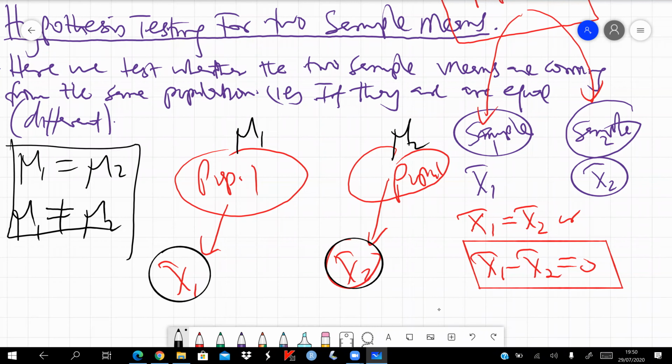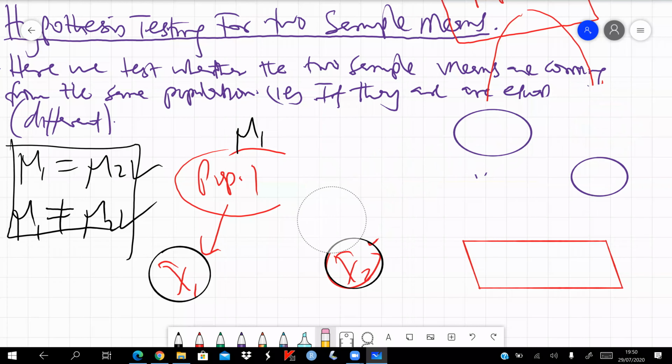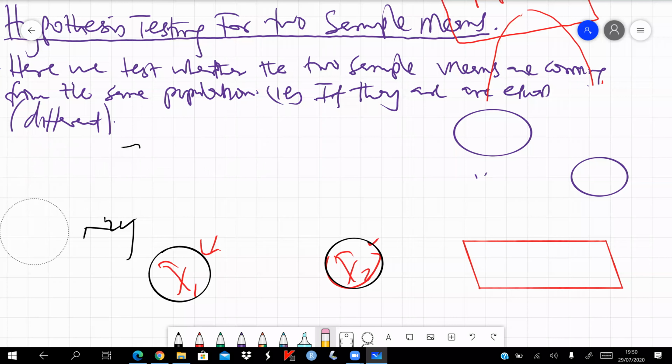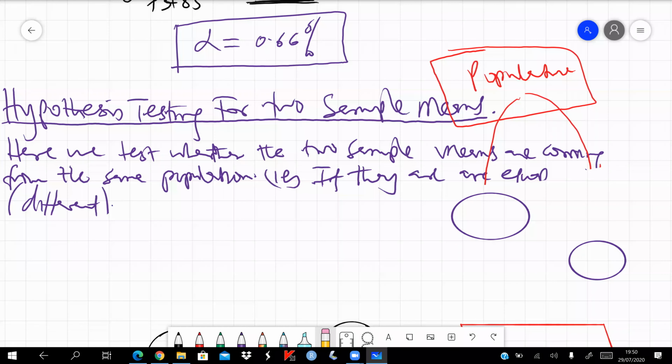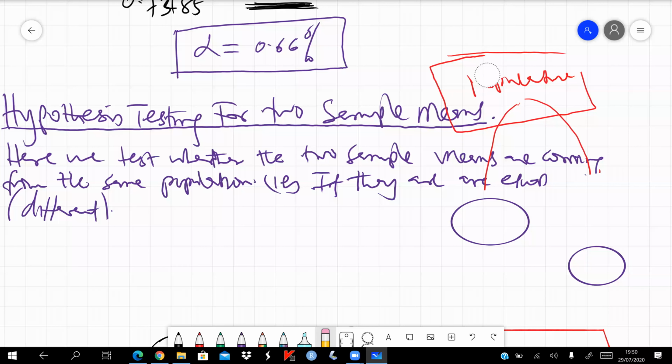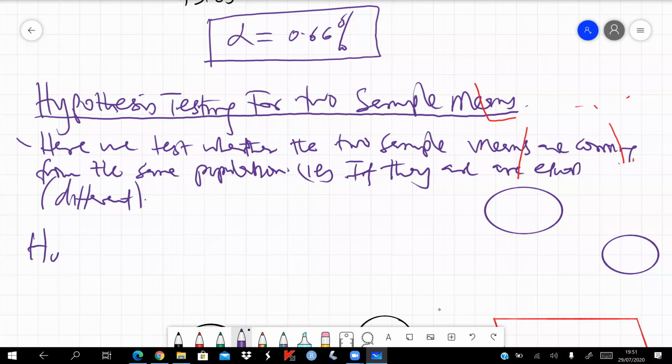So our hypothesis now will be defined using these parameters here, mu1 and mu2. This is how we define the null hypothesis in this context. So H naught is always defined as mu1 is equal to mu2.